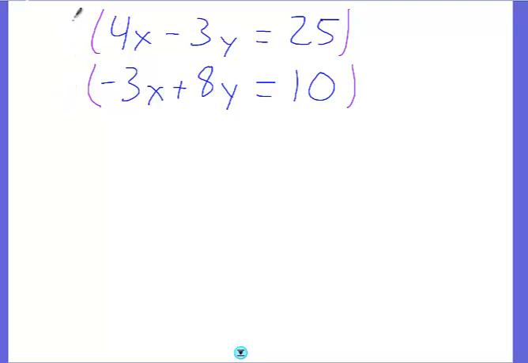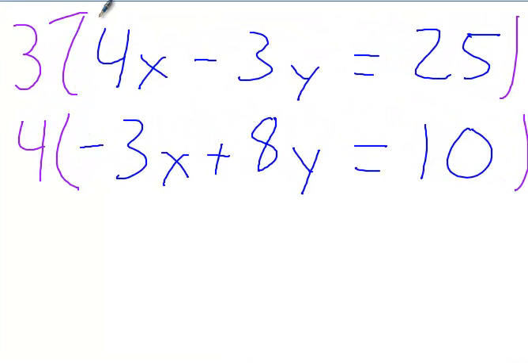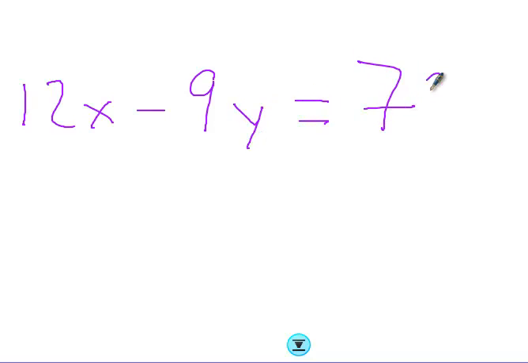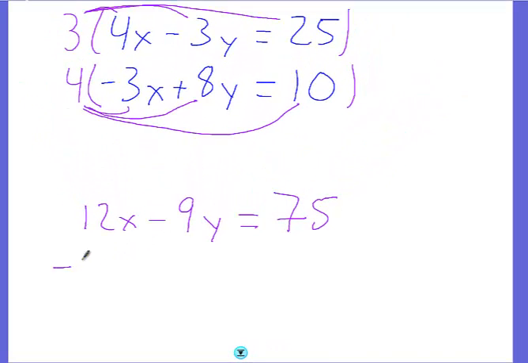So in order for a 4 to be a 12, we must multiply by 3. In order for a 3 to be a 12, we must multiply by 4. And again, you're going to have to distribute to every single term. The reason why this is a hard problem is because you're multiplying both equations by a number. So this is going to become 12x minus 9y equals 75.